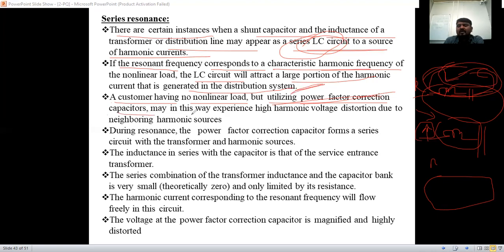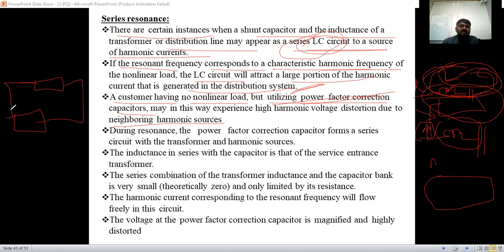Here we have taken one example: a customer may in this way experience high harmonic voltage distortion due to neighboring harmonic sources. Here we are not considering the same circuit. In the neighboring circuit also, harmonics are there. So I have not used any non-linear loads, but the neighboring system has some non-linear loads, and I may use capacitors for power factor correction.